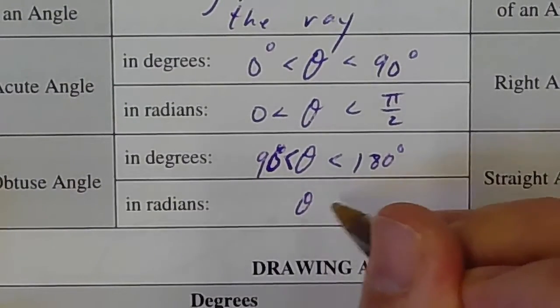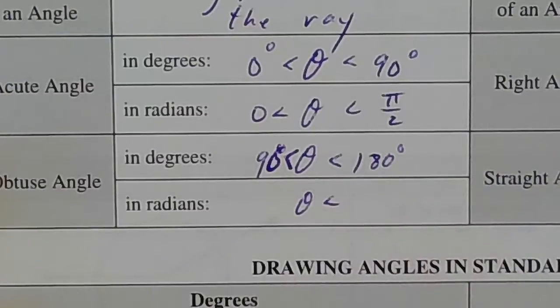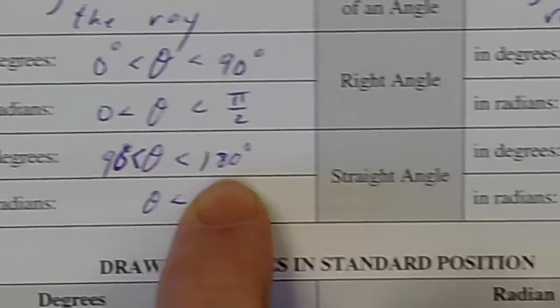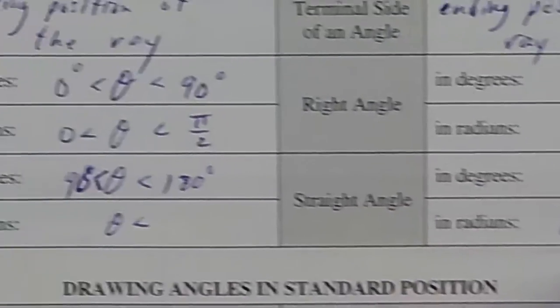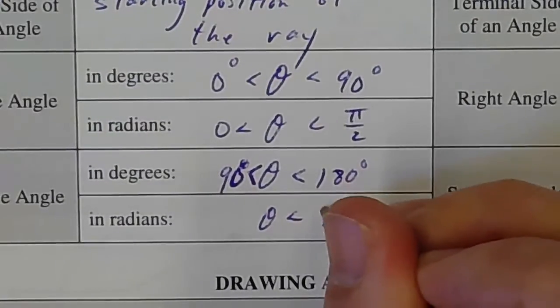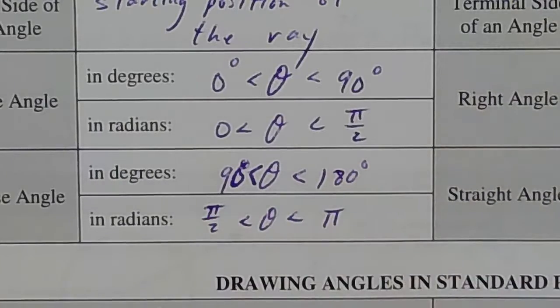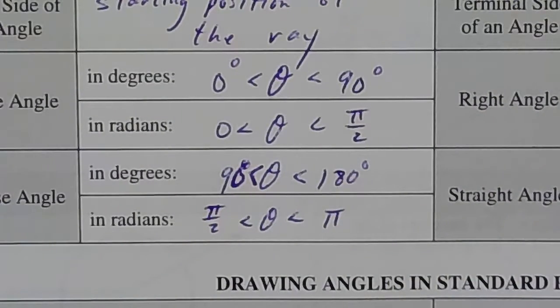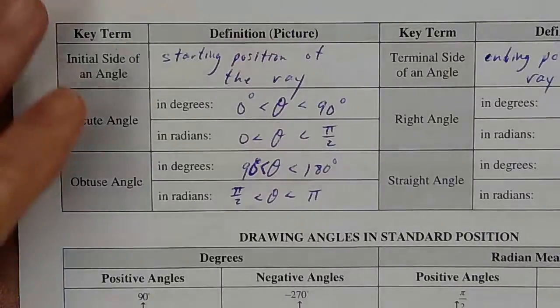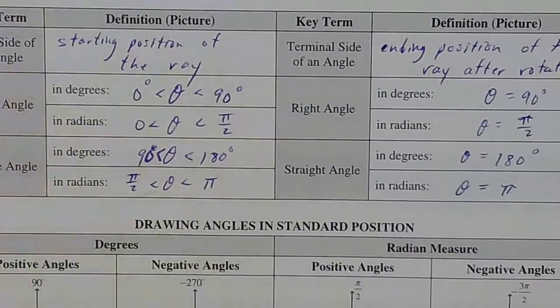So if I were to write that in radians, look at what we called 180 over here, right? 180 is pi. So it's going to be less than pi, but greater than pi over 2. Pause if you need more time.